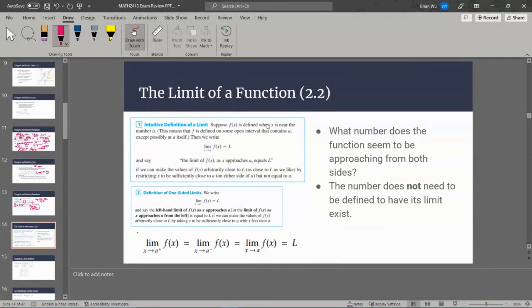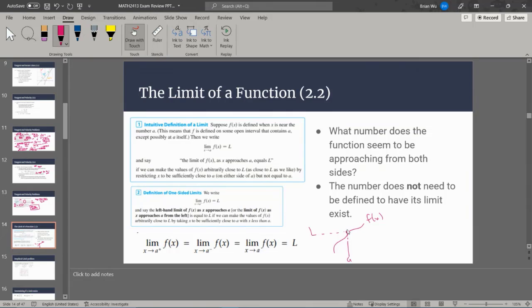For the limit of a function, here's the textbook definition, but essentially what our limit is asking is if you have a function and you're asked to find a limit at a certain point, let's say a, you're essentially asked to find what number it approaches, but not quite.